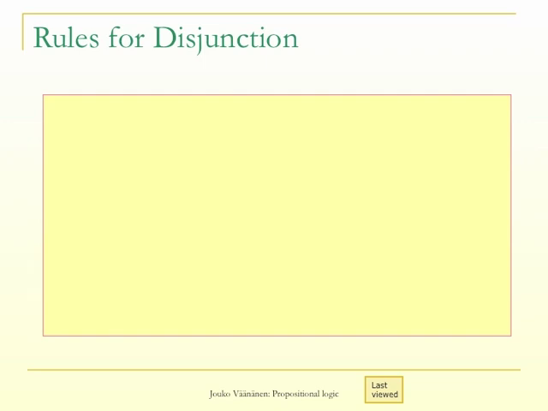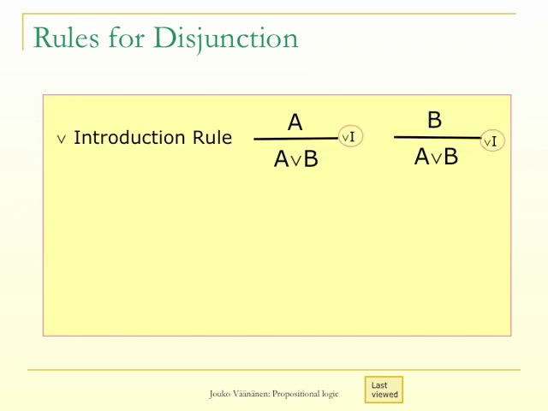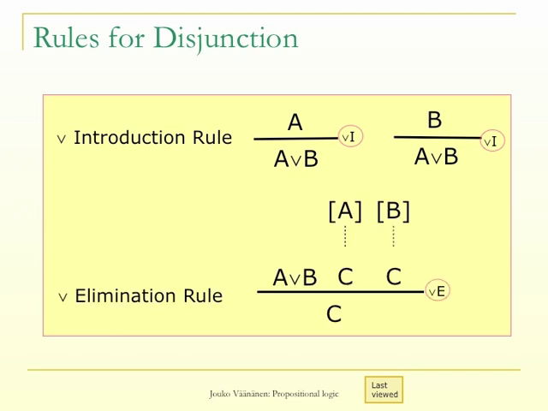We are ready to lay down the rules that govern disjunction in natural deduction. Disjunction introduction rules are very simple. From A we can deduce A or B, and from B we can deduce A or B. The disjunction elimination rule is more complicated, but we have just discussed it.